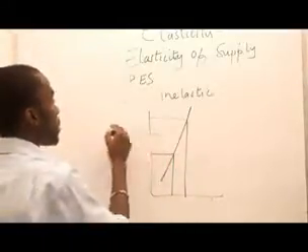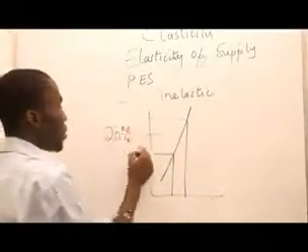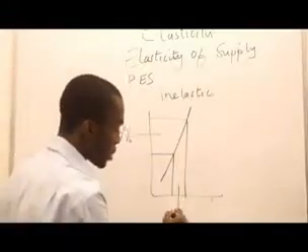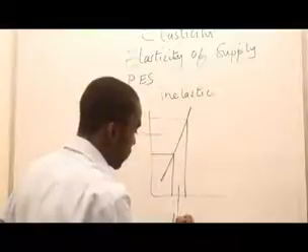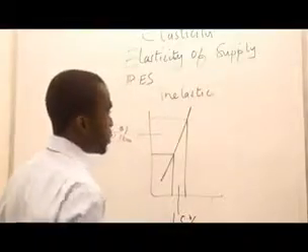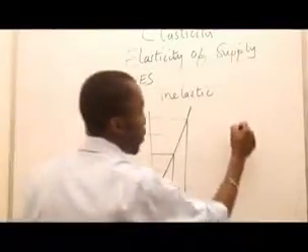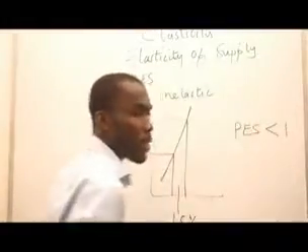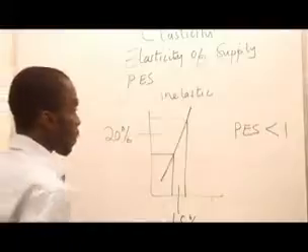And if price increases by, say, 20%, we should expect that quantity supplied will only increase by, say, 15%. And in this case, our price elasticity of supply will be less than 1.